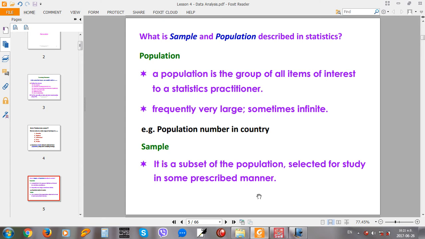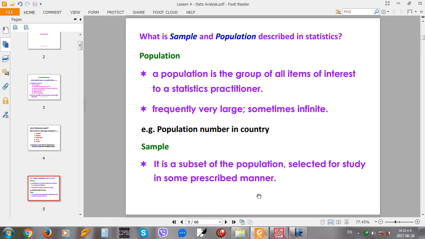Statistics is most probably used by researchers. If you need to do research, we can't take the entire population, because if we take the entire population, we need more time and more money to conduct the research. The other thing is, whether we take the population or a sample, we get the same results.